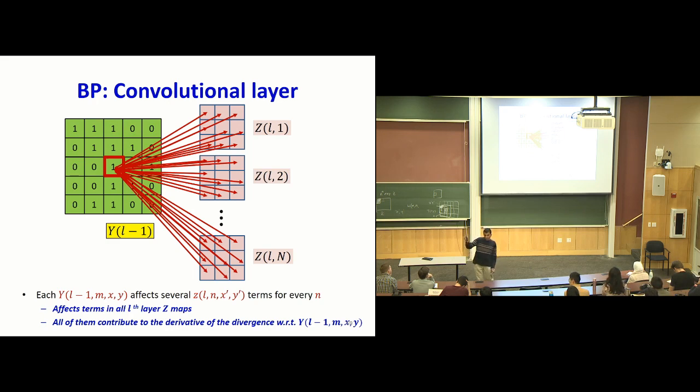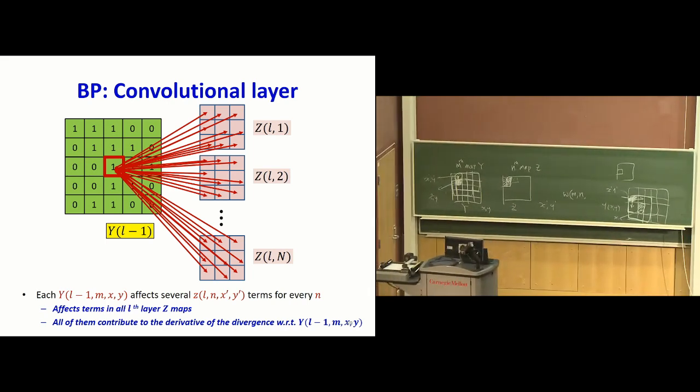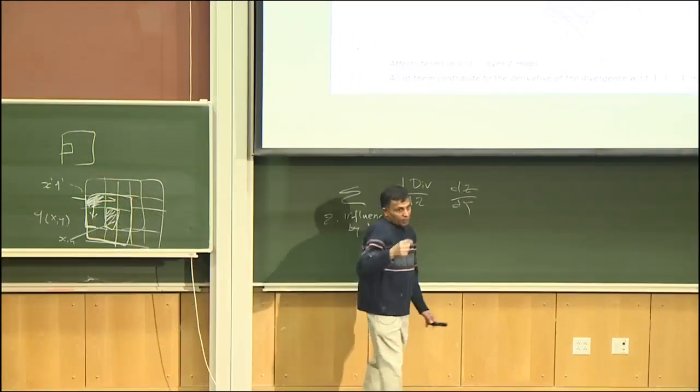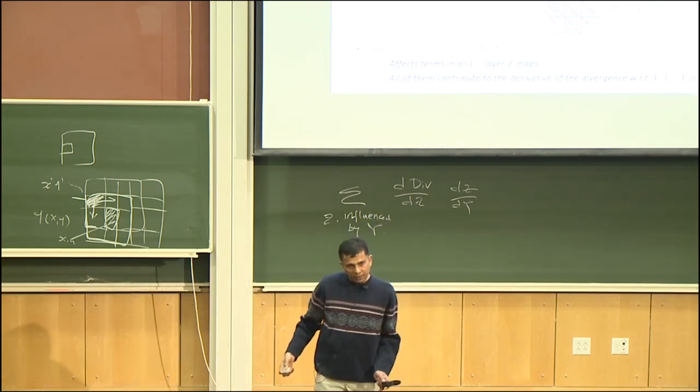If I want to compute the derivative of the divergence with respect to the y, how do I do it? The way I would do it is I'm going to be summing over all z's such that they are influenced by y, right? This is the derivative of the divergence with respect to z times the derivative of z with respect to y. I mean specific components. This is how we'd actually compute the derivative, remember?